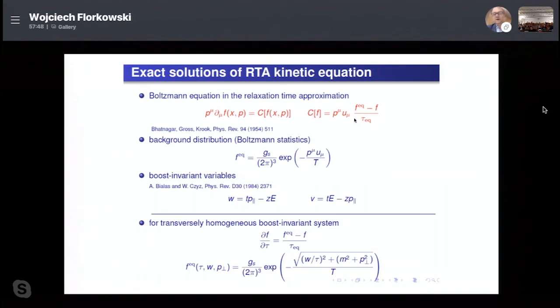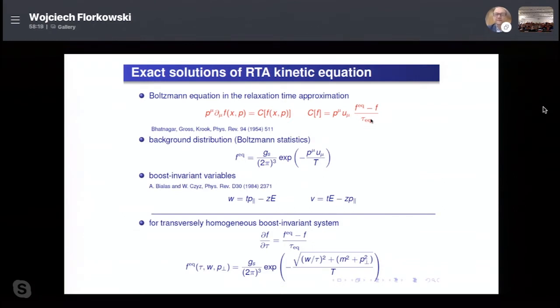This form tells us that collisions bring the distribution function to the local equilibrium function. There is a change in f, which is due to the difference between the actual distribution function f and the equilibrium one. And there is some special characteristic scale for this process, which is given by this relaxation time.